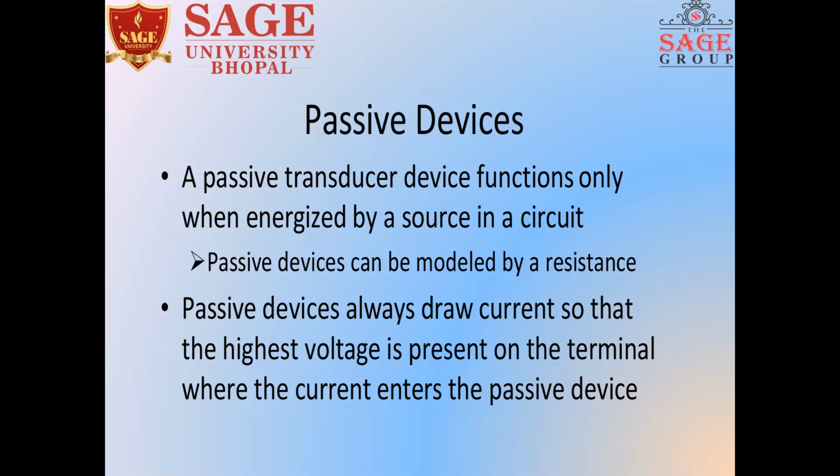A passive device always draws current so that the highest voltage is present at the terminal where the current enters the device. Examples of passive devices are the resistor, capacitor, inductor, and transformer.